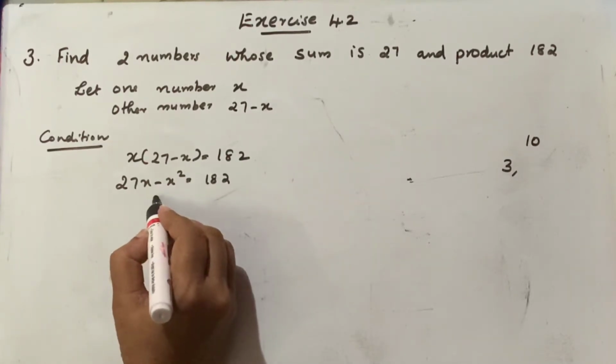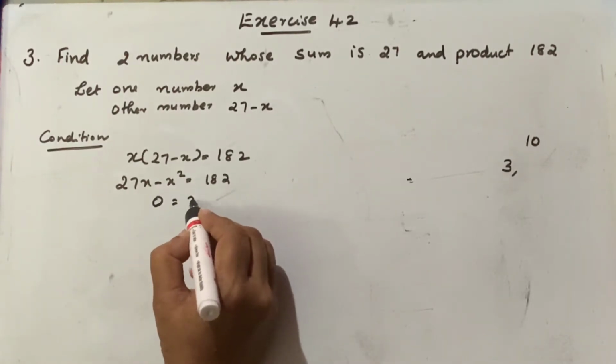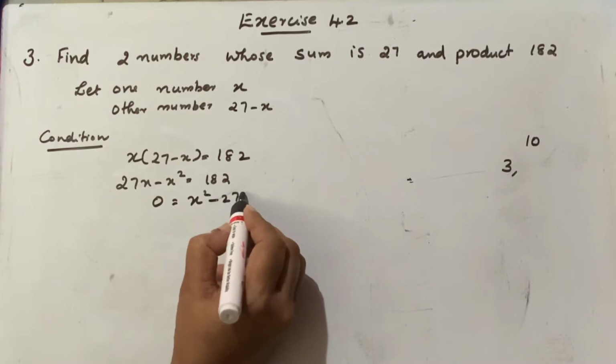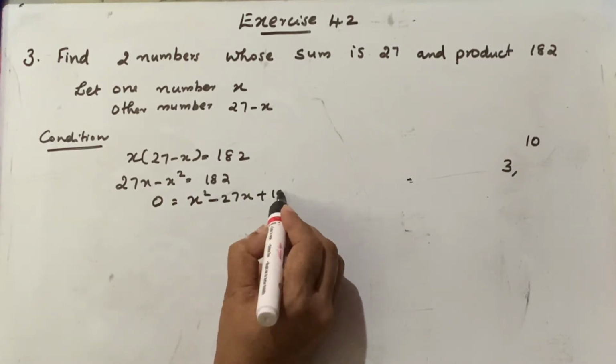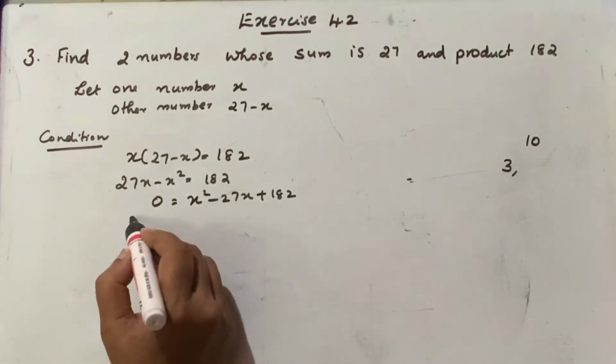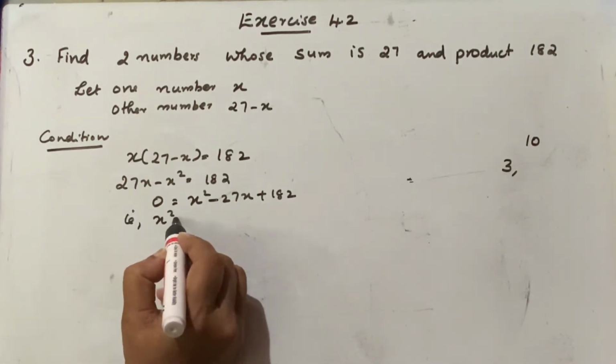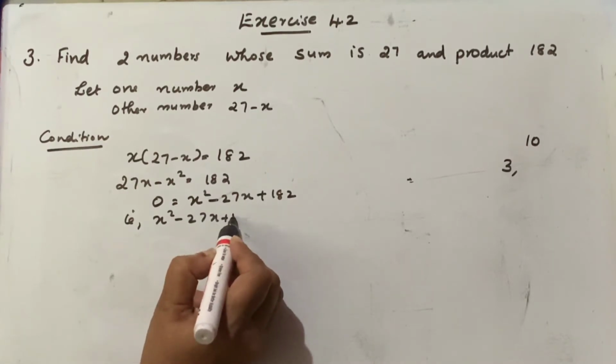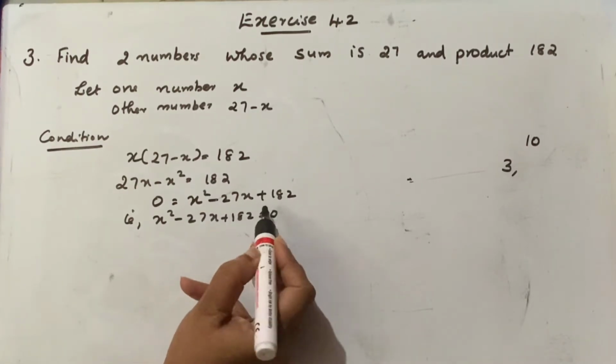Then 0 is equal to x square minus 27x plus 182. So, I took all these x terms to that side. This means x square minus 27x plus 182 is equal to 0.